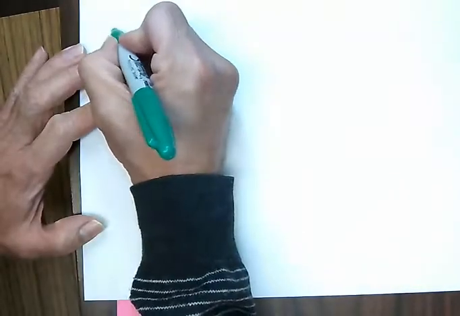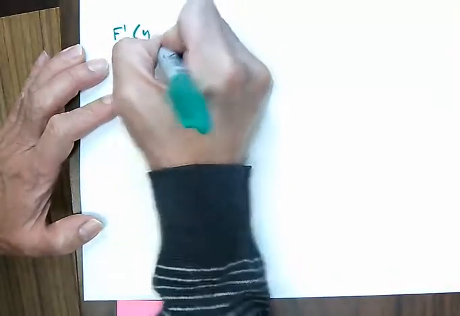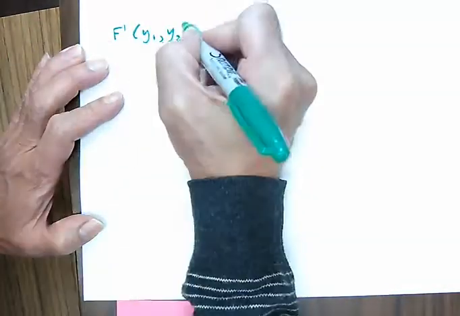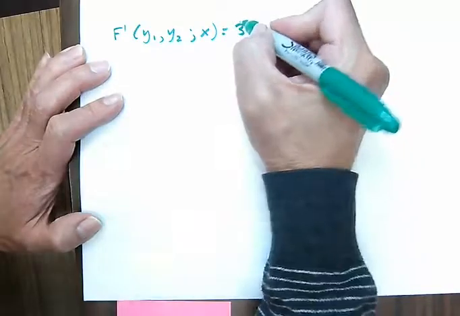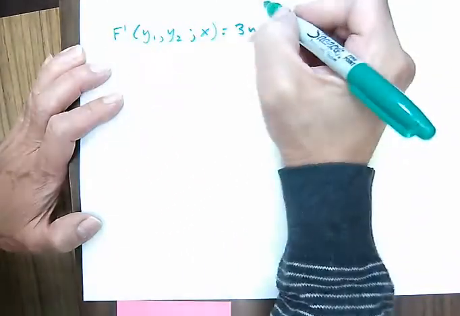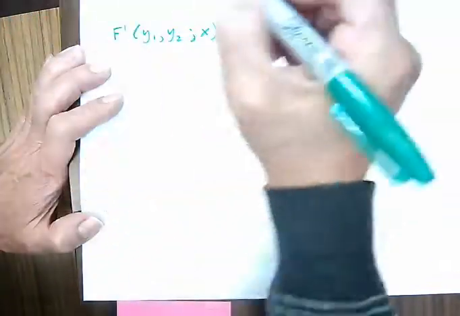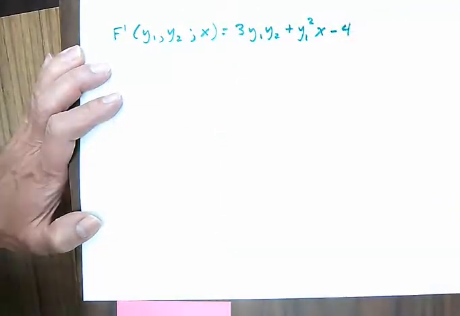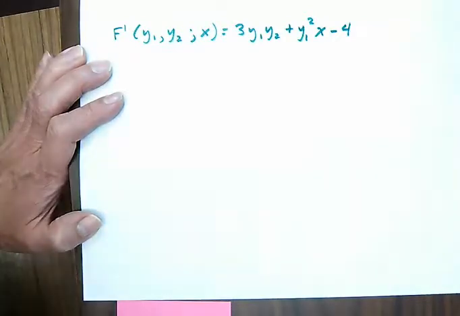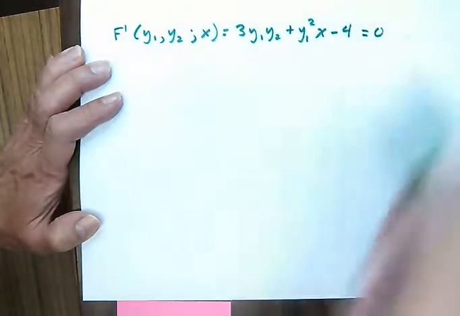Let's suppose our first capital F function depends on y1, y2, and x, and it's equal to 3y1 y2 plus y1 squared times x minus 4. And when we set that first capital F function equal to 0, we get our first capital F equation.